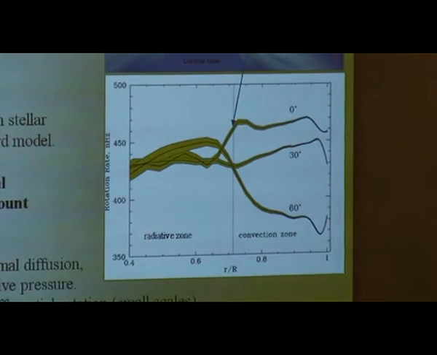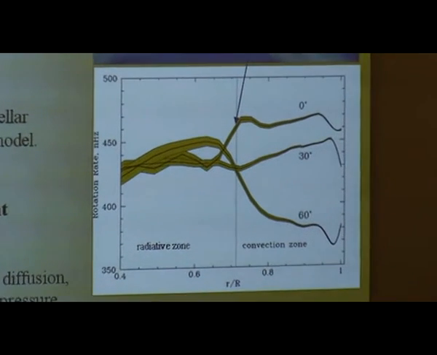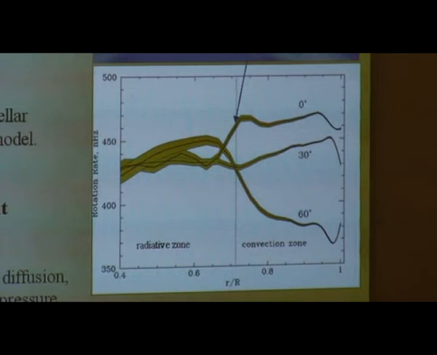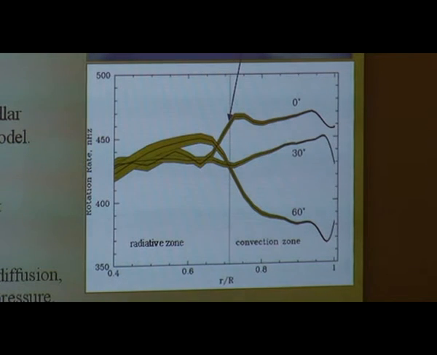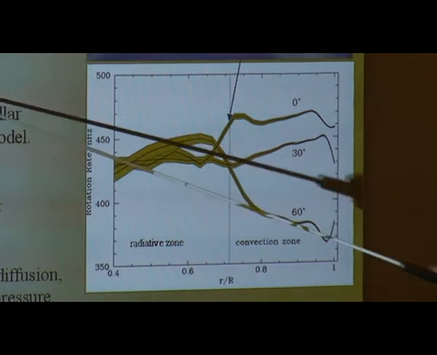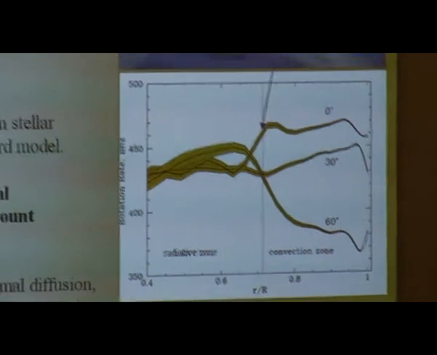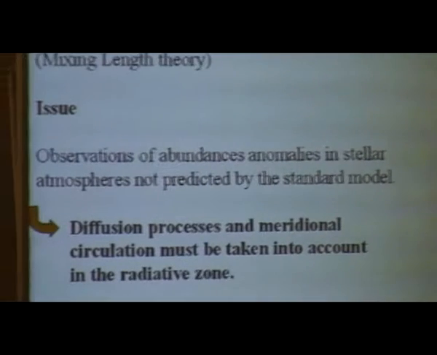So, in spite of the great success of the standard model, we understood from observations that we were not able to predict or reproduce some abundance anomalies at the surface of stars.